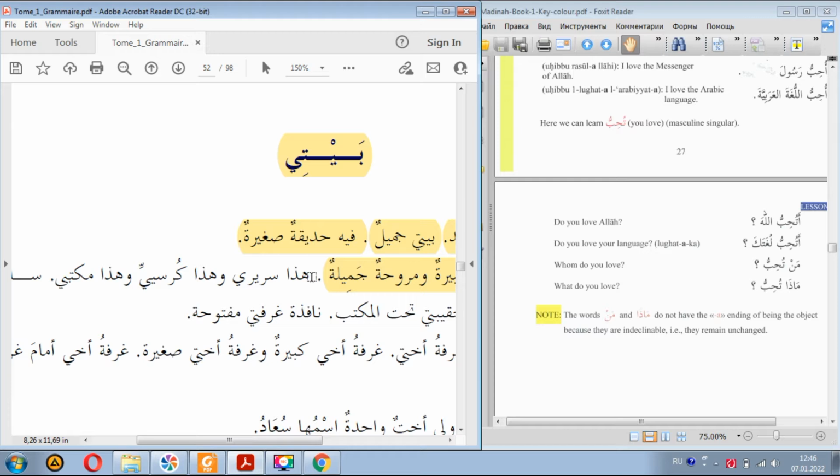هذا سريري وهذا كرسيي وهذا مكتبي. This is my bed and this is my chair. كرسي, chair, كرسيي. It means my chair.